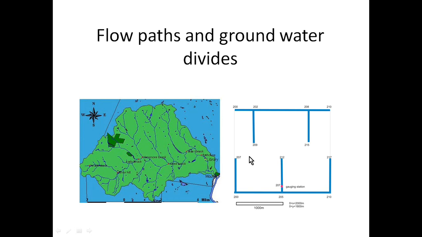Now, the difference, though, when we go to 3D is that we'll want the lines that represent these streams to actually be inclined in three-dimensional space. So this line will go from 200 to 205 to 210 meters in elevation.